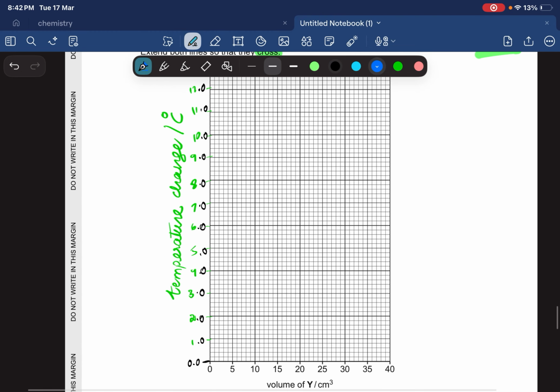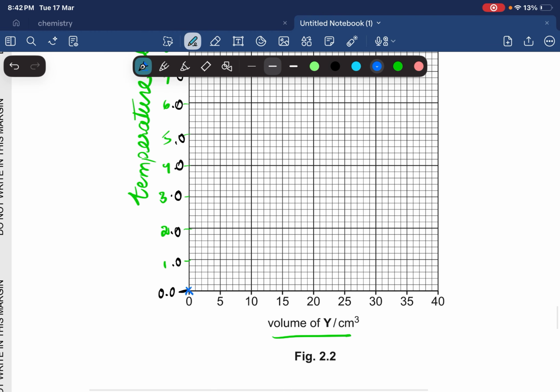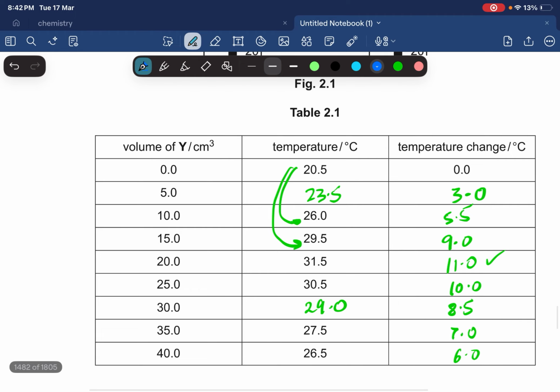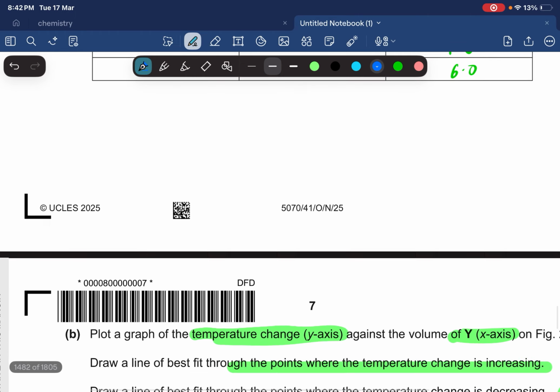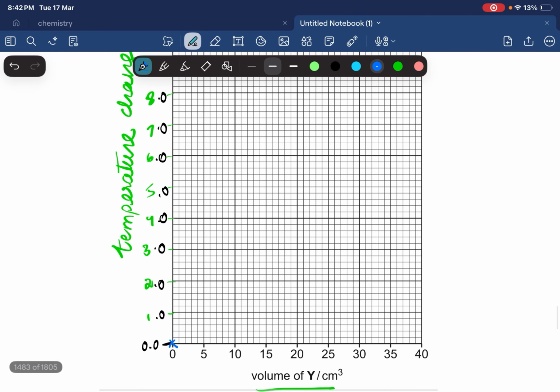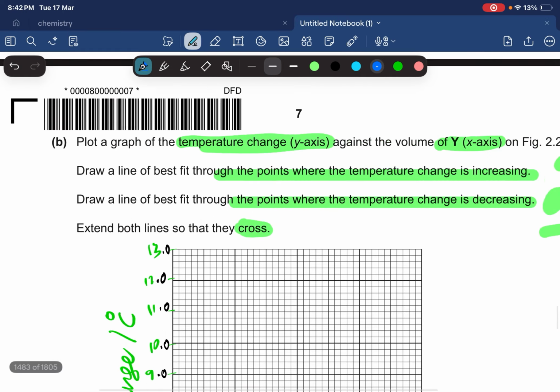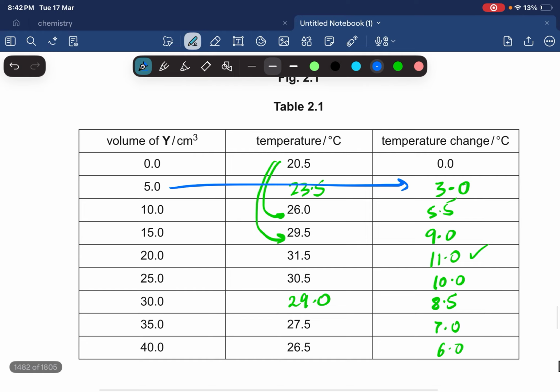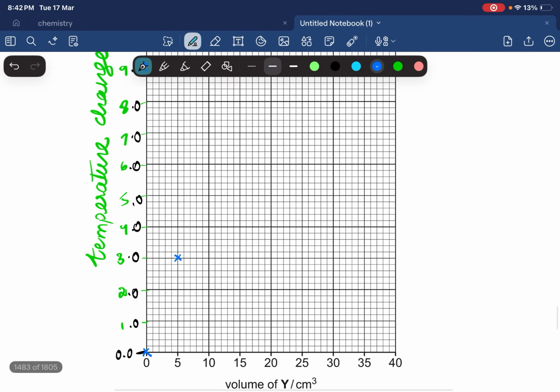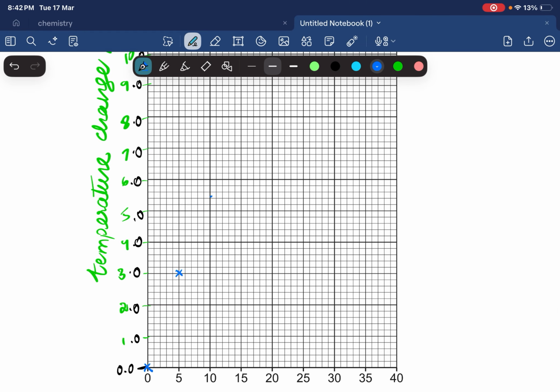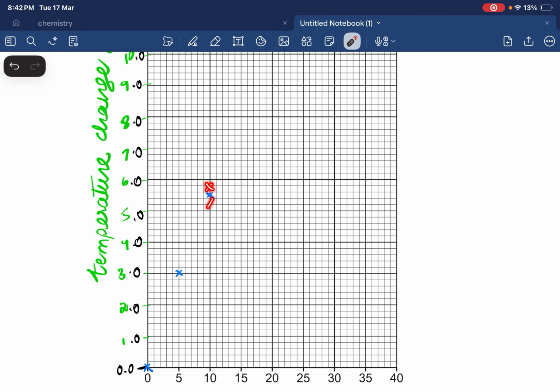Okay, now I'm just going to plot the graph. At 0 we have 0, and then at 5 we have 3, then at 10 we have 5.5. Please don't think the examiner is not going to know if I mark it here or here or here.